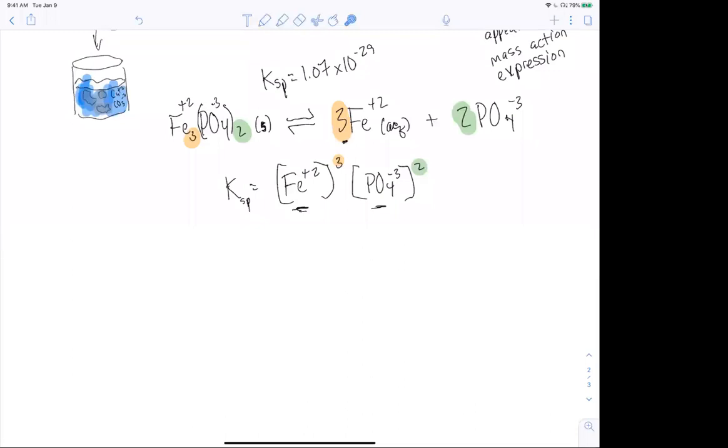What KSP is a measure of is generally something you're almost always measuring for insoluble compounds. So we're using the term insoluble, but it's kind of a misnomer, or let's say it's an approximation.